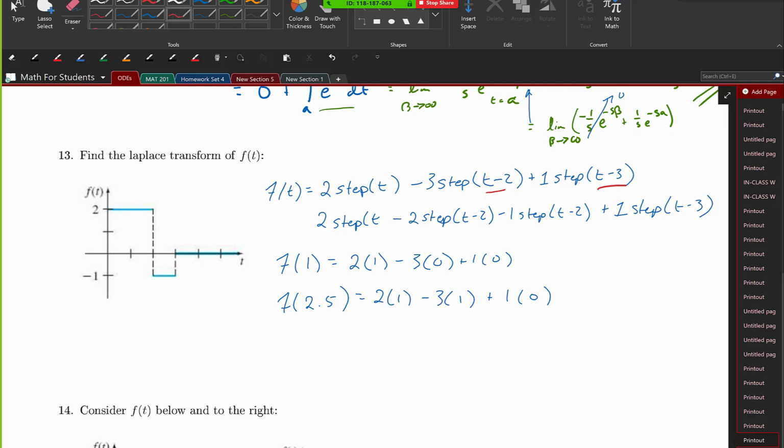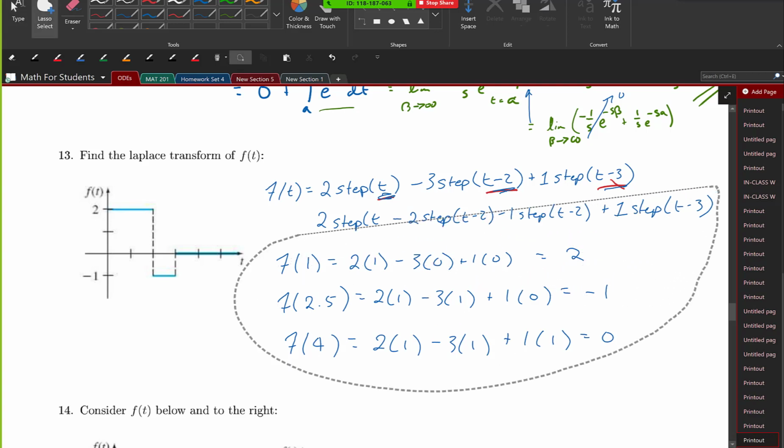Because if t is 2.5, that one's on, but that one's still off. And then if we're at, say, t equals 4, we'd have 2 times 1 minus 3 times 1 plus 1 times 1, because they're all now turned on. And then that gives us a value of 0, whereas this one gave us a value of -1, and this one gave us a value of 2, which it should. Yeah, great, good observation on that.